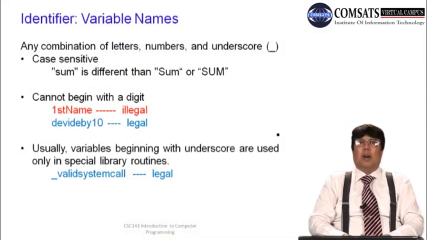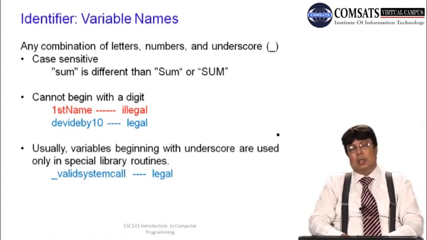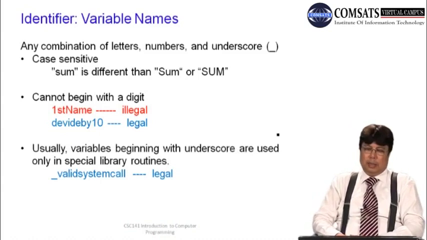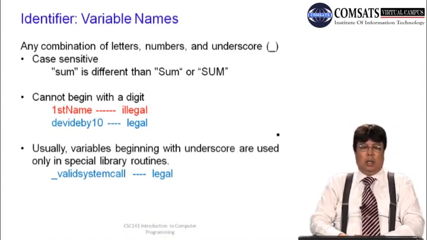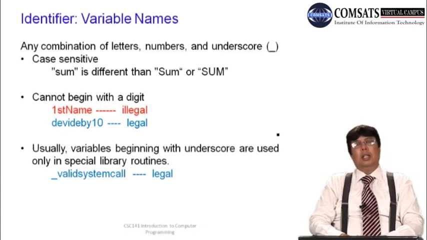अब हम identifiers को define करते हैं. An identifier can be defined using letters, numbers and underscore. So any combination of letters, numbers and underscore we can use to define any identifier. These identifiers are case sensitive.